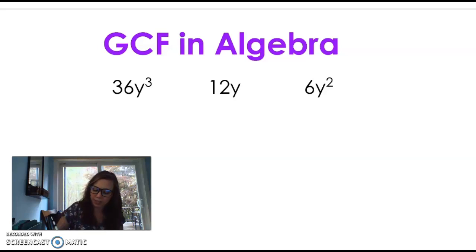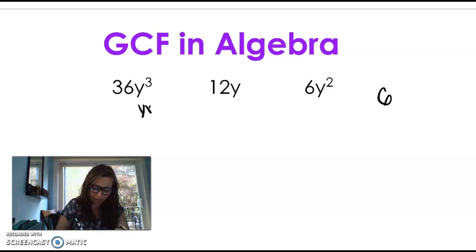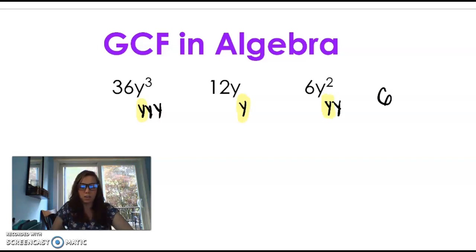So they all have a 6, and they all have at least one y. You have to go with the lowest variable, as far as the exponent goes. I have 3 y's for this one, 1 y for that one, and 2 y's. So they all have 1 y. So your GCF for this would be 6y.